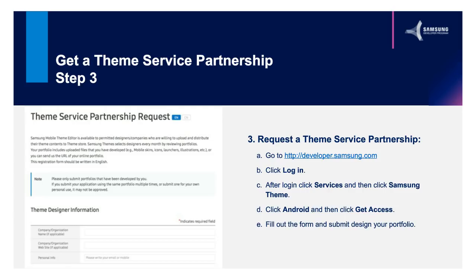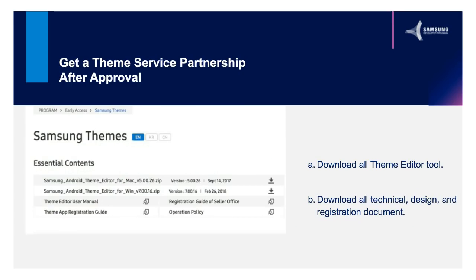Now, once you are approved for accessing the theme editor tool, next time when you log into the same Samsung account and you go to the Samsung Themes, instead of seeing apply access, you will see an option to download the editors for Mac and Windows. A quick note here that whenever we release a newer version of the theme editor, it comes for Windows first. Following that, after a delay of approximately a month, we release the Mac version of the tool.